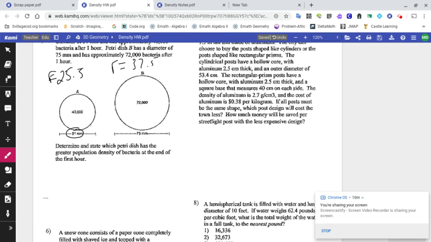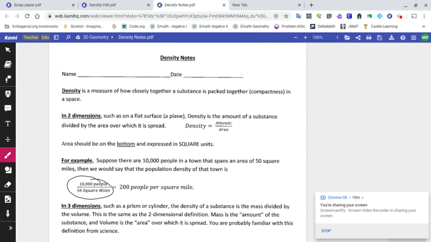We're trying to find which of these has the greater population density at the end of the first hour. Again, from the notes, population density is the number of people, in this case the number of bacteria, divided by the area over which it's distributed, the area of the petri dish.